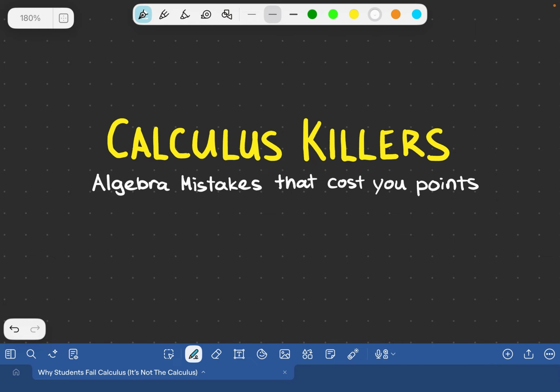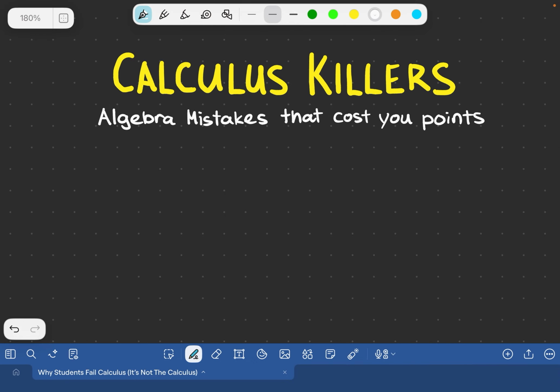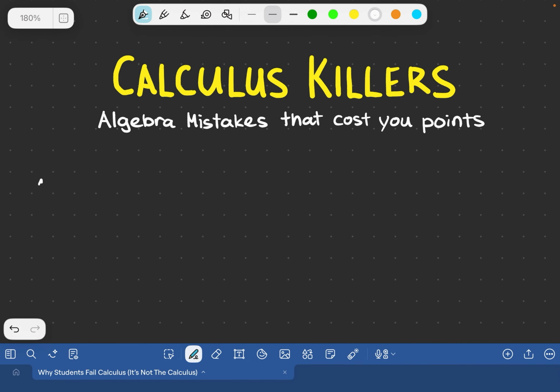Okay, so let's begin with the first one. Okay, let's write it here. So mistake number 1. The first mistake, I titled this one as linearity errors.